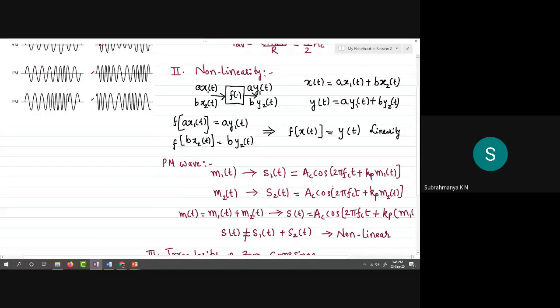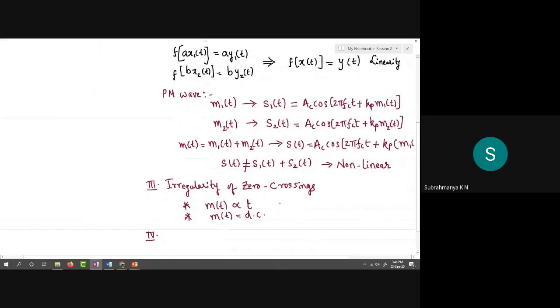If I pick the PM wave, s of t is Ac cos(2 pi fc t plus kp times m of t). You know that the argument of cos will vary with respect to m of t.